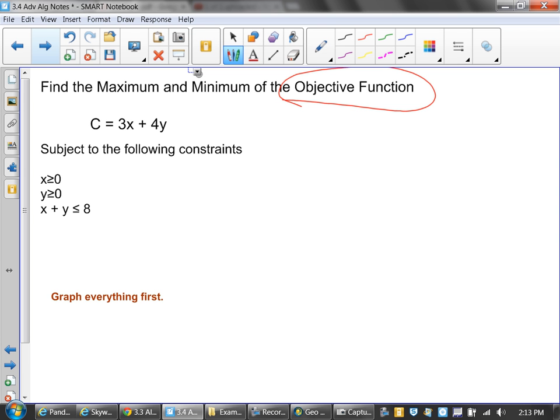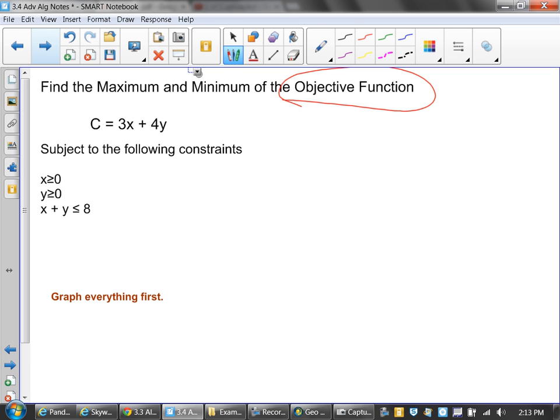That information is going to be used with what's going to be given to you as an objective function. Today, all of your objective functions will be given to you. All of your homework problems will have this equation that says C equals something. In this case, the first one is C equals 3x plus 4y.